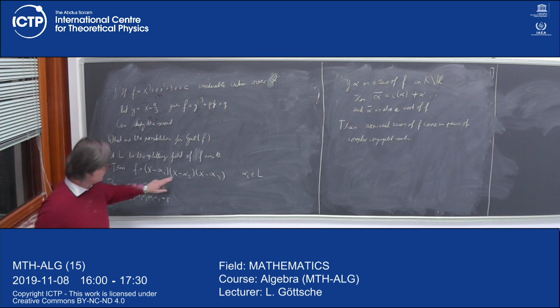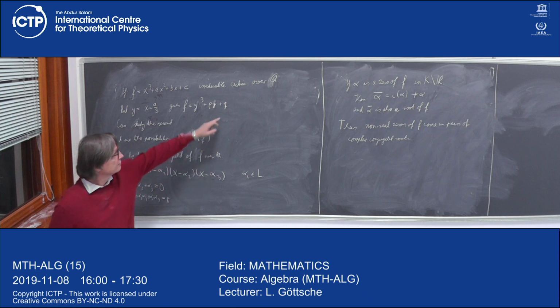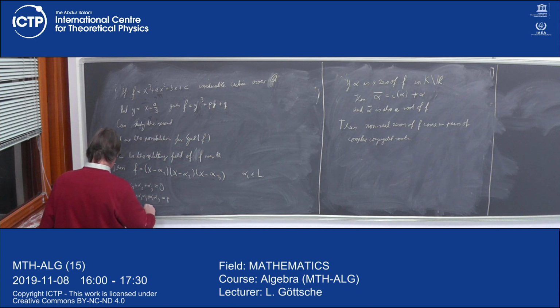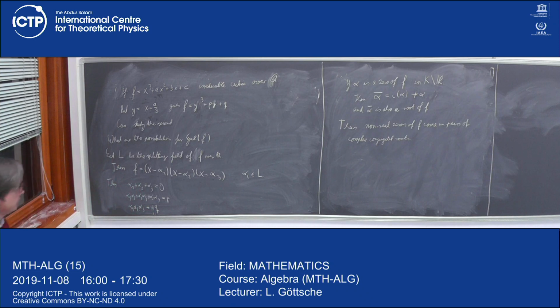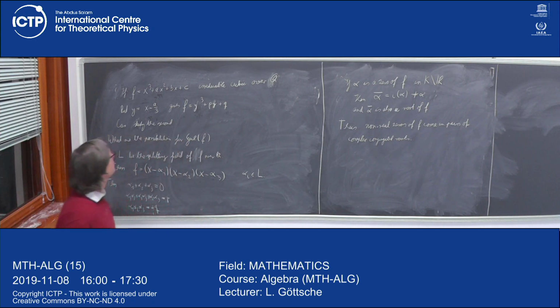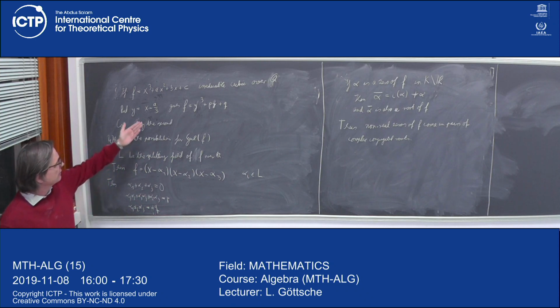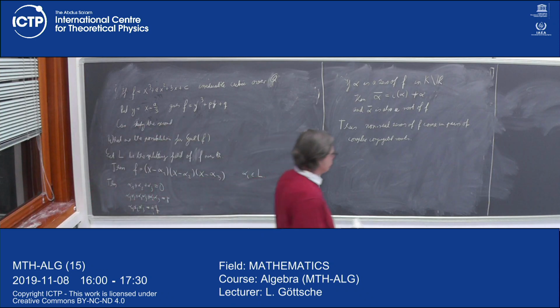And the product of all the roots is minus the constant coefficient: alpha 1 alpha 2 alpha 3 is equal to minus q. Now we want to understand what the Galois group can be and how we can see what it is just by looking at the polynomial.